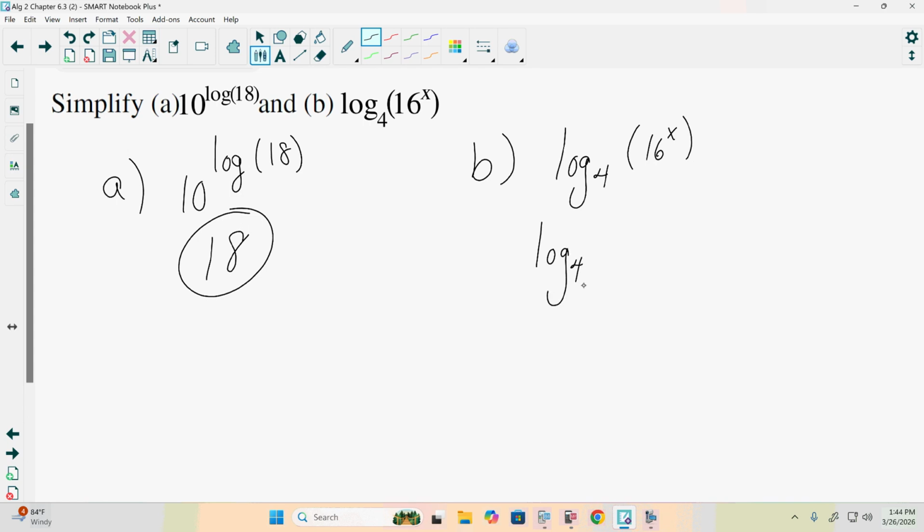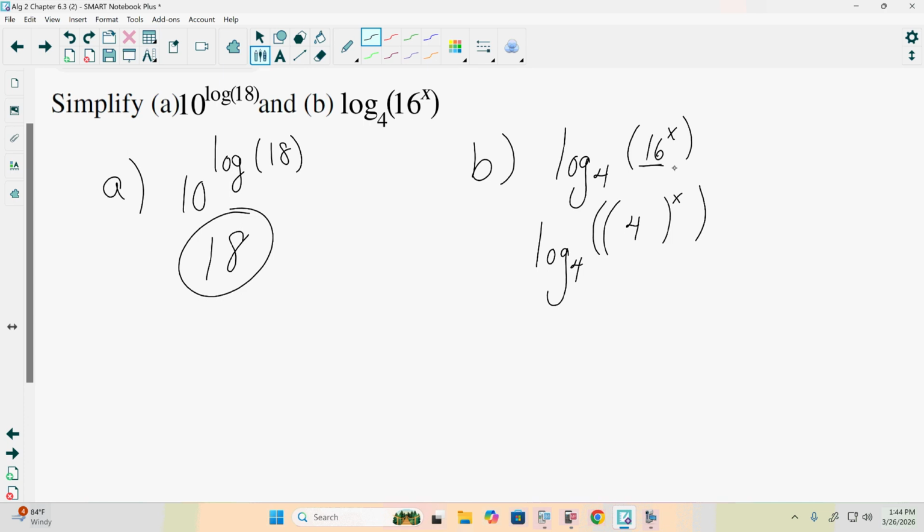As much as we want to say that the next one is just x, we cannot, because the base of the log and what's inside are not the same. For us to be able to cancel these out, what I really need is for what's inside that log to also be a 4. Because log base 4 of 4 would reduce. Log base 4 of 16 does not.